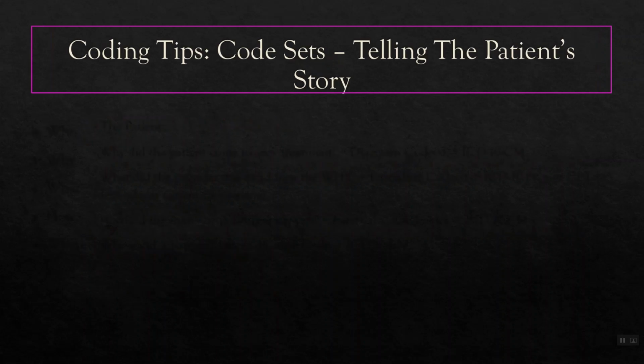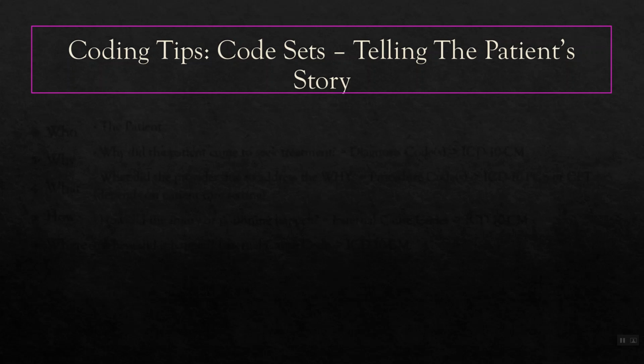So, telling the patient's story, as I told you, I like to think about medical coding as saying why the patient's here and what services were provided to the patient. We're saying what happened, when, how, where, who, all that good stuff. So let's walk through this and talk this out.